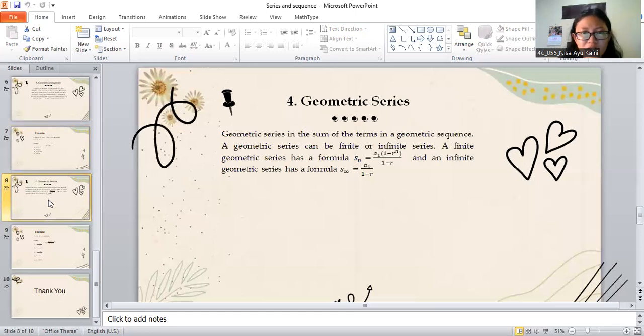A finite geometric series has the formula S sub n equals a sub 1 multiplied by 1 minus r power n over 1 minus r. And an infinite geometric series has the formula S sub infinity equals a sub 1 over 1 minus r. Okay, next slide.